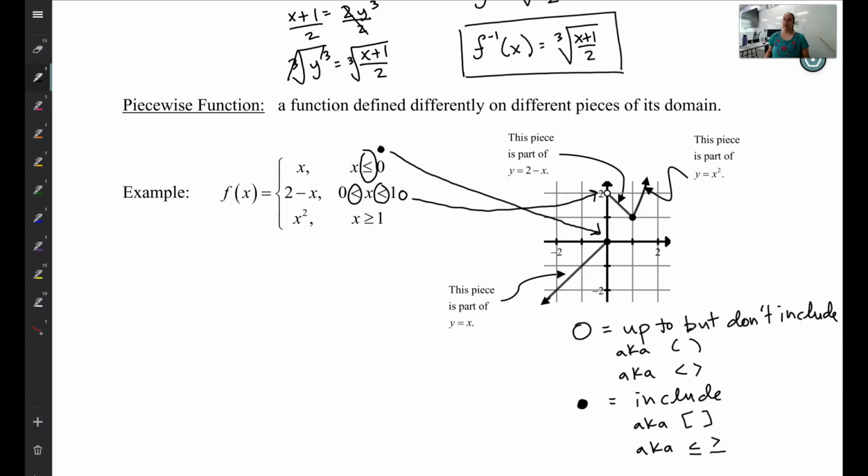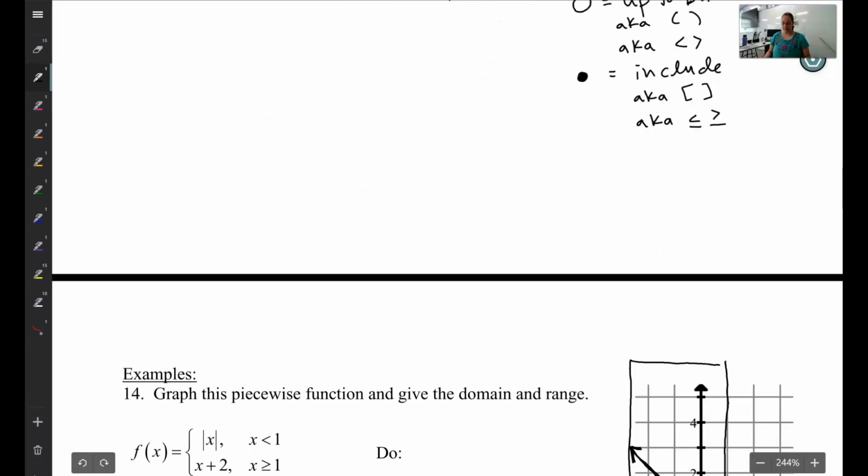On the right side, it is an open circle, but it's overpowered by this x then greater than or equal to 1, which is our closed circle. So that closed circle is on top of that open circle. That's why you can't see the open circle on both ends.